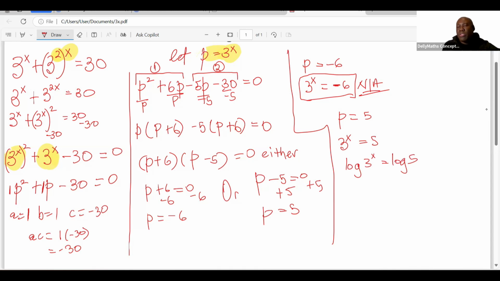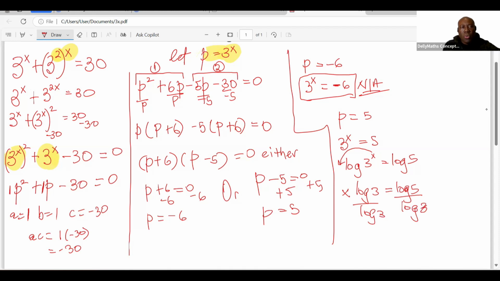At this stage, one of the logarithm rules suggests that if I have an exponent here of the argument of the log, it could come as a coefficient of the log. So x log of 3 is now equal to log 5. In an effort to find x, I'll divide both sides by log 3.